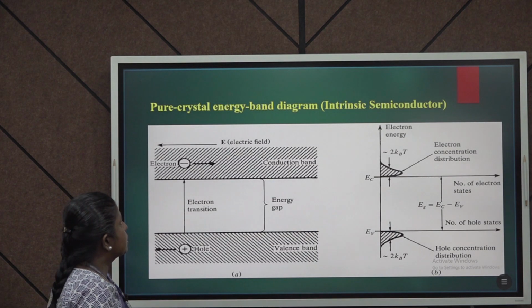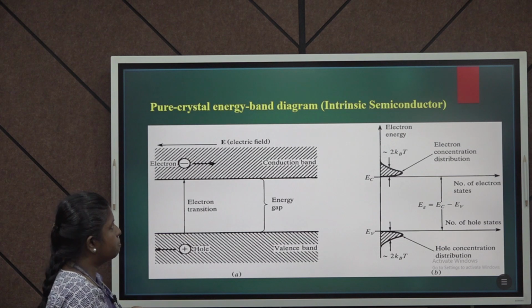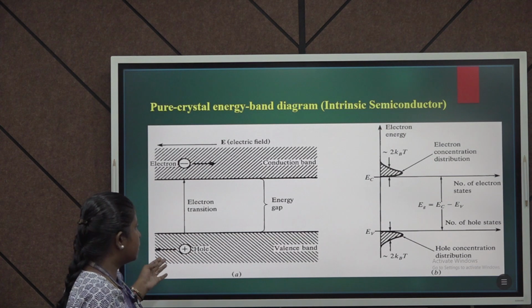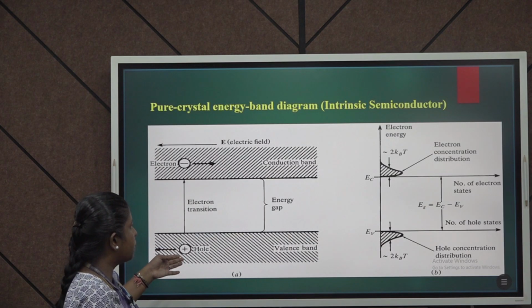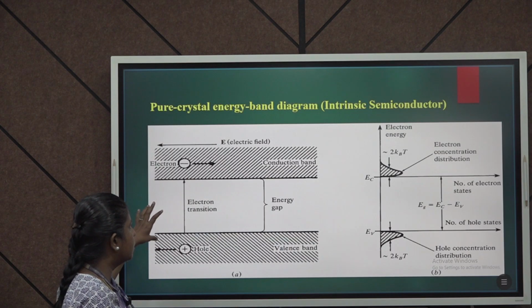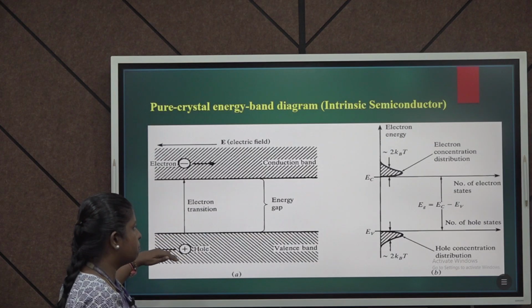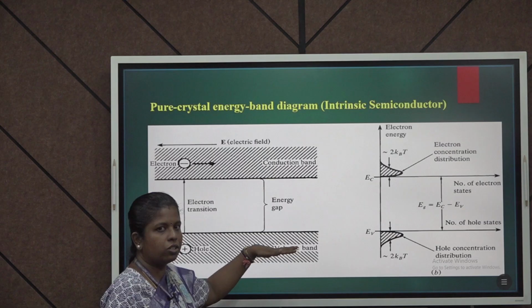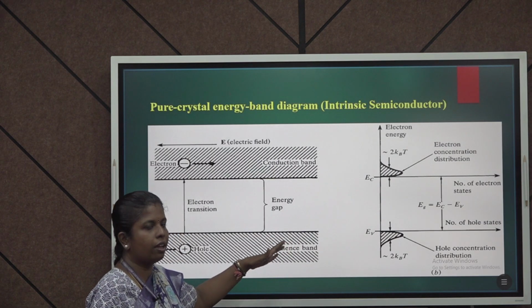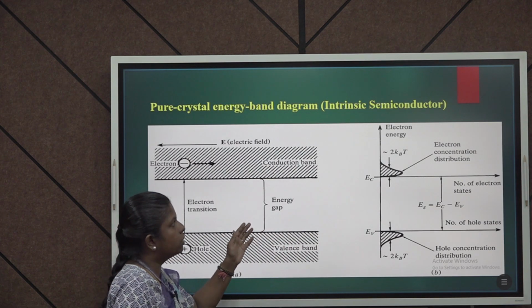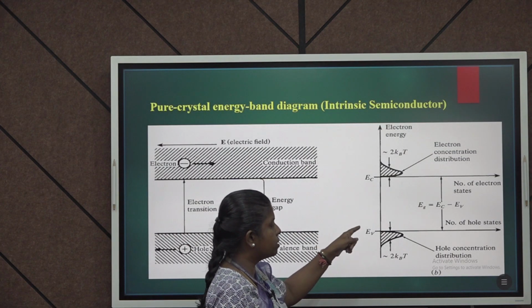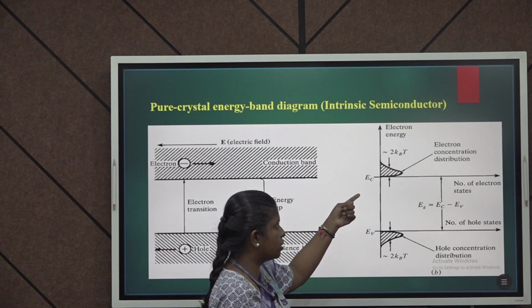When we discuss the pure crystal energy band diagram for an intrinsic semiconductor, we can see the valence band and the conduction band. The electron transition happens from the valence band to the conduction band to obtain an energy emission, that is a light ray or light wave. This graph shows the hole concentration distribution and the electron concentration distribution.